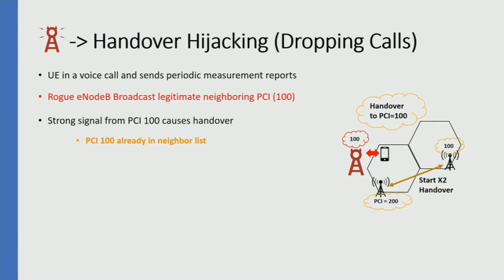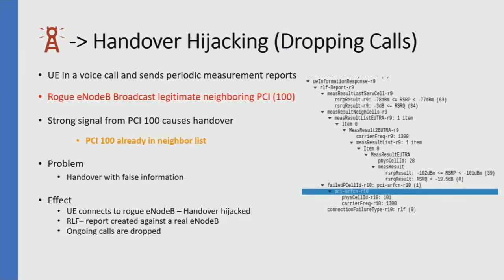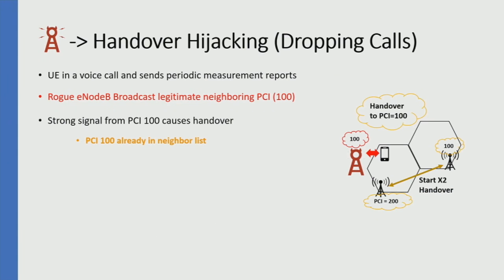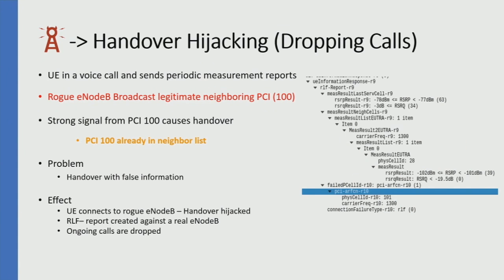In this case, since the phone connected to the rogue base station, and the rogue base station doesn't have all the keys or the information to continue this call, the handover procedure will drop. It means that the handover failed, and it creates a radio link failure report. The other base station, which was actually expecting this phone, realizes that something happened in between and there was a problem.